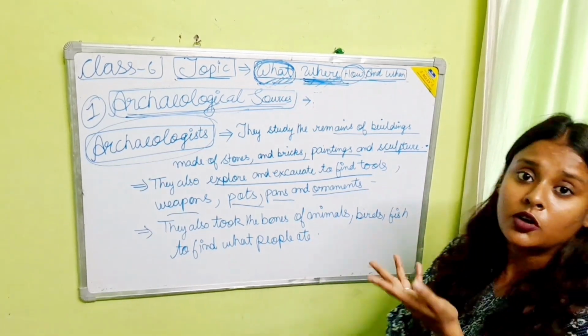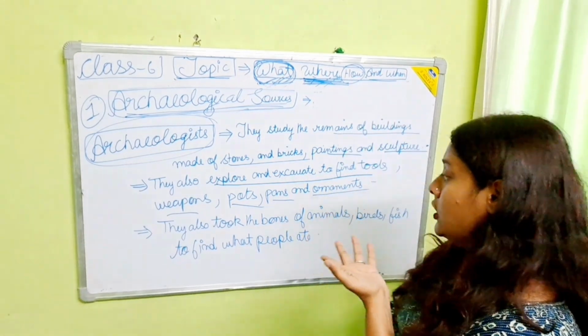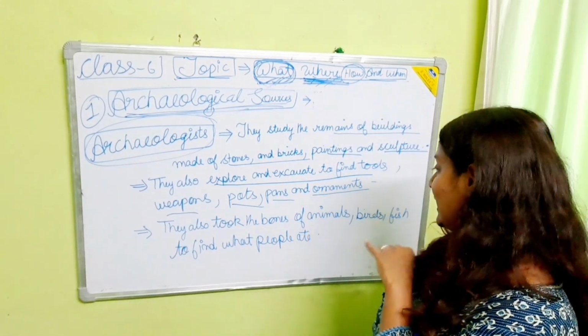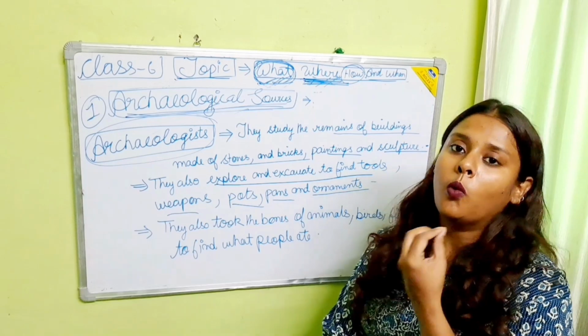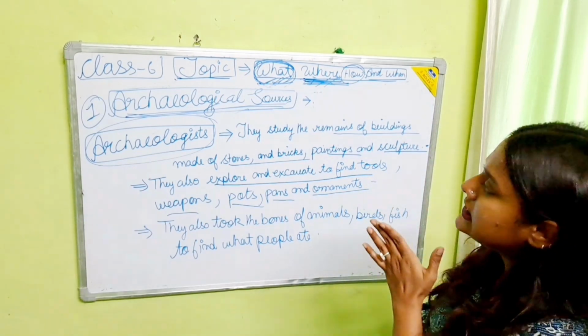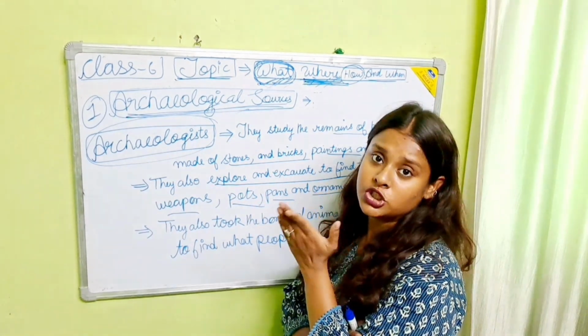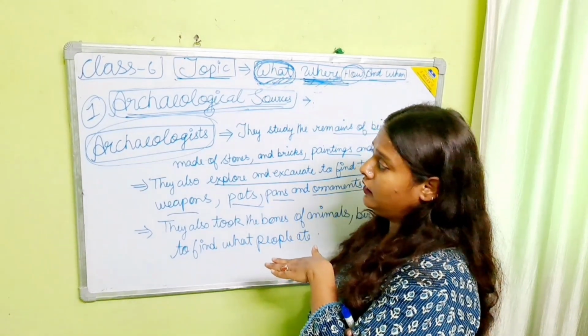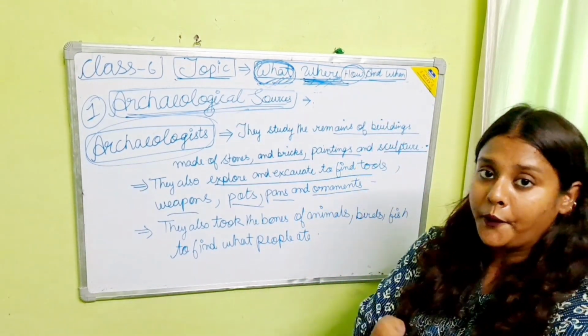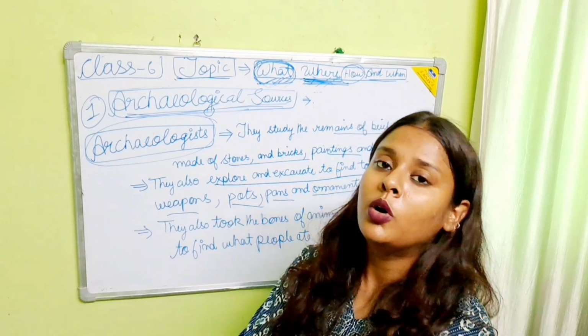All these are archaeological evidences. They also took the bones of animals and birds to find out what people ate. I hope it is clear now what an archaeologist is.